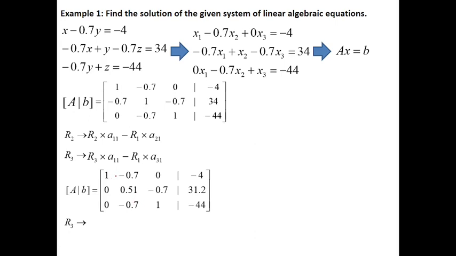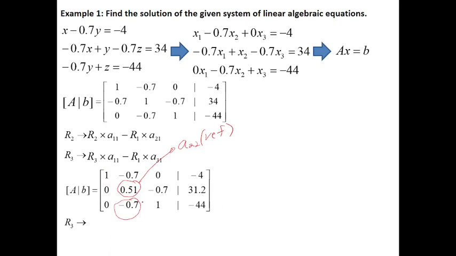Sa R2, alam natin, ito yung ating major diagonal na bago. Ngayon, isa na lang ang problema. Gagawing 0 yan. Sa taas niya, 0.51. Ito yung magiging reference element natin ngayon, A22, our reference element.